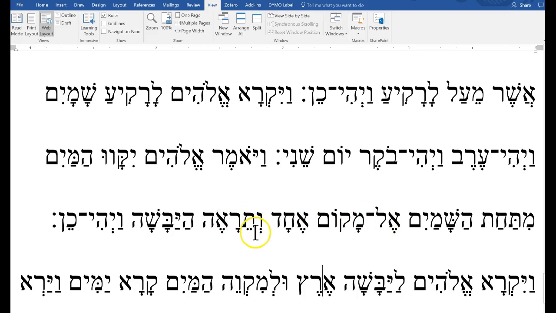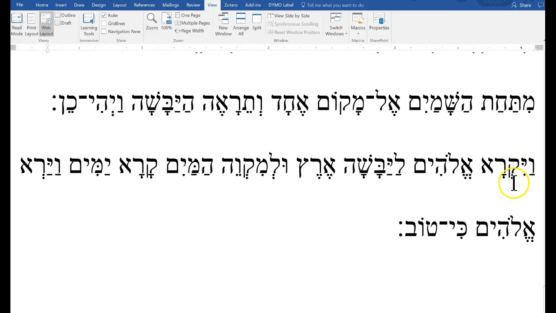And then this is a niphal jussive from "ra'ah", and let the "yabeshah" be seen. And it's "te", because it's third feminine singular, because "yabeshah" is feminine. Do you see that? And let the "yabeshah" be seen, and it was so.